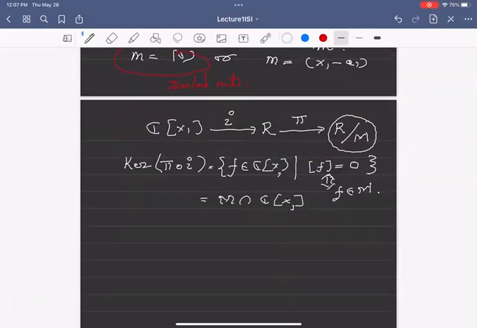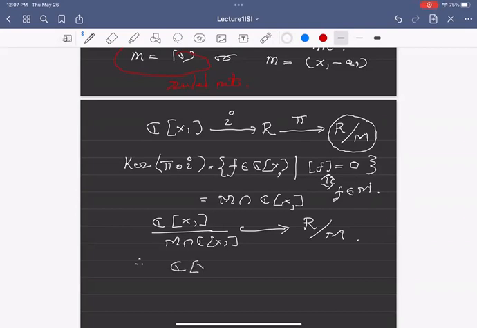So by the first homomorphism theorem, if I go mod the kernel, then this will be an injective map to R mod M. But I'm assuming M intersected with C[x1] is 0, right? So this says that the polynomial ring in one variable injects into this field. Is this clear to everybody?